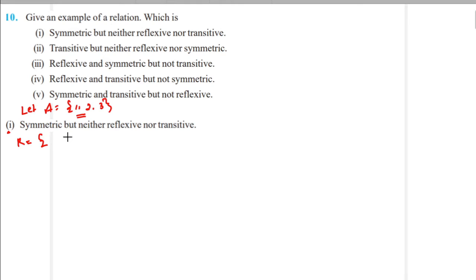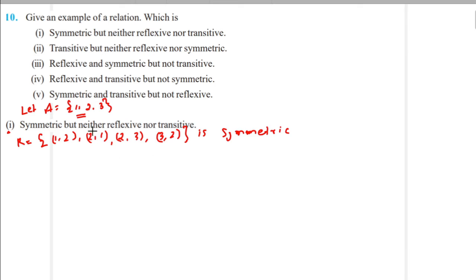Okay, 1, 2, 3. So it is symmetric: (1, 2), then (2, 1) is symmetric. Also (2, 3) and (3, 2). Okay, so this relation is symmetric.